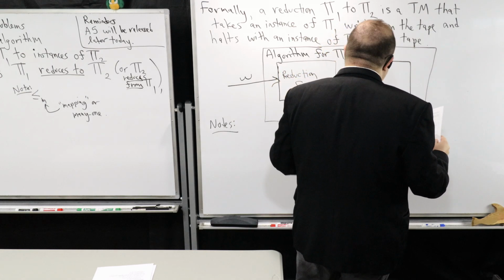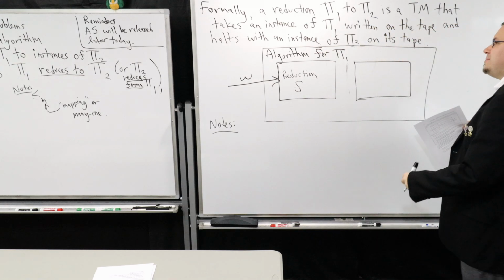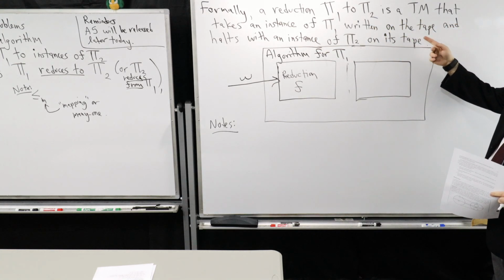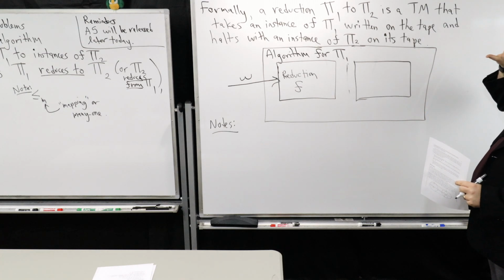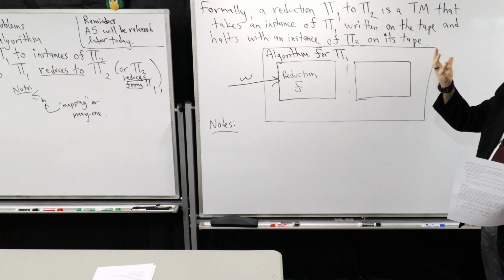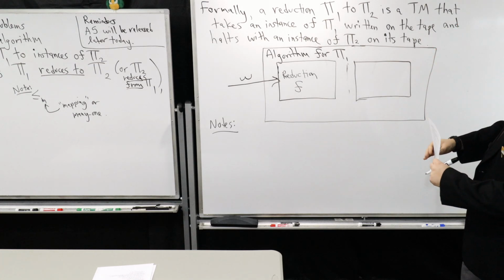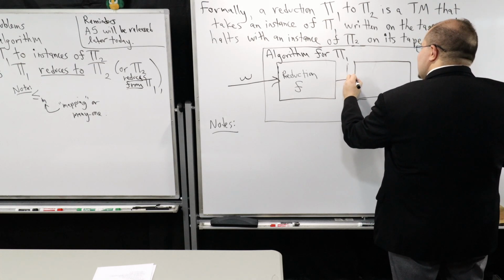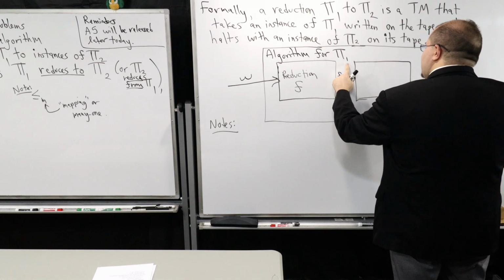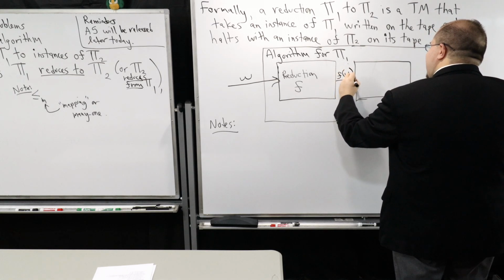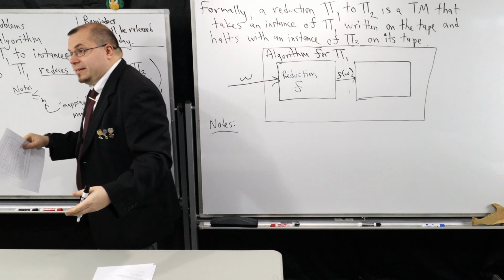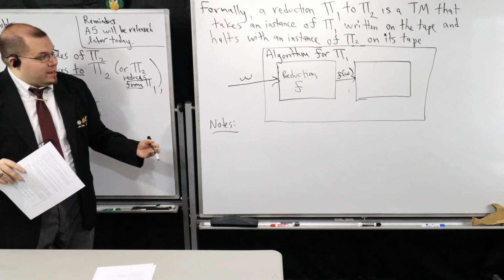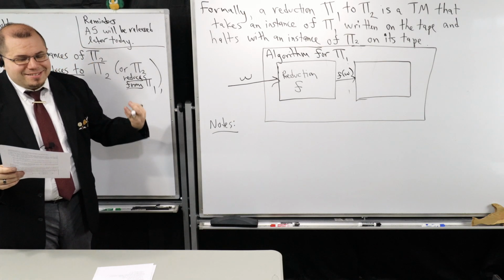I'm going to call that F. As I suggested up here, it'll take W, that's the input, and perform this reduction, which is this process. And that means it's going to leave on the tape when it's done F of W, which is the converted instance, so that it's an instance of pi 2.